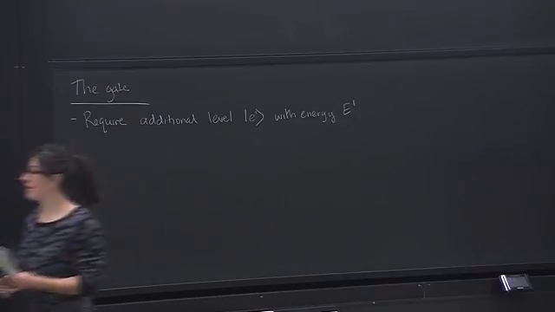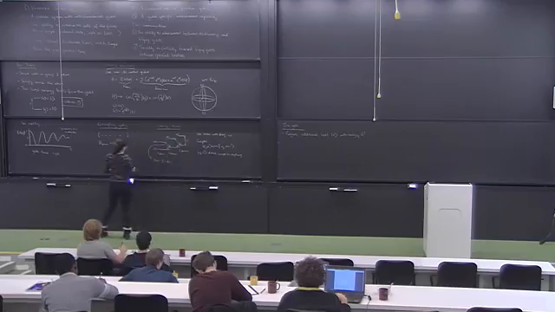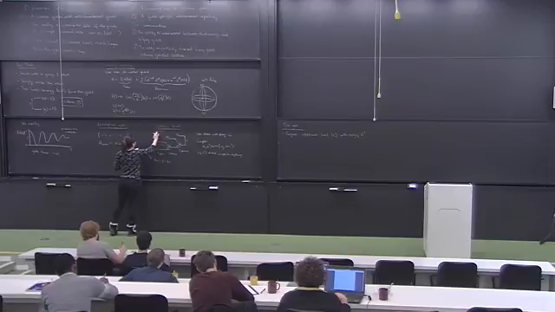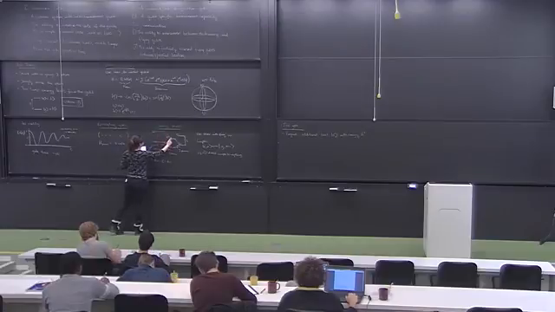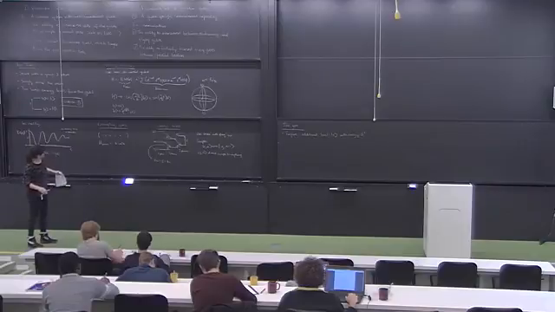So we also need one more additional level that is somewhere up here, and we're going to want to couple that level to this state. It's starting to look really complicated, but it's actually not so bad.